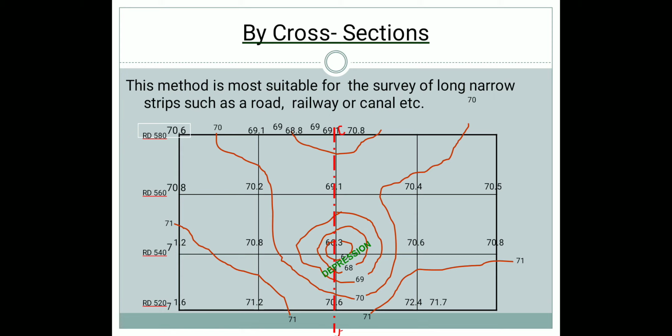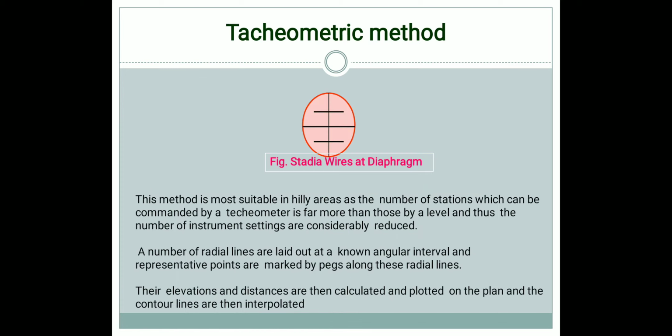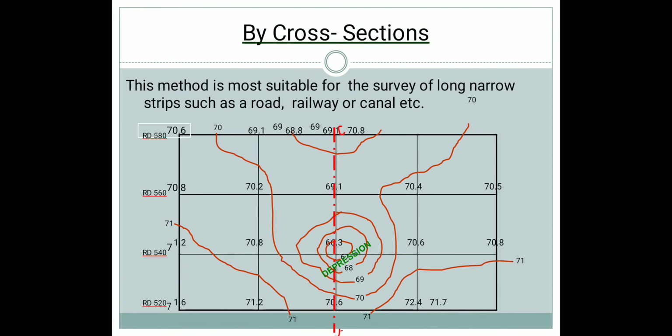They may be inclined at any angle to the center line if necessary. The spacing of the cross sections depends upon the topography and nature of the survey. The common value is 20 meters to 30 meters in hilly country and 100 meters in flat country. The levels of the points along the section lines are plotted in plan and contours are interpolated as shown in this figure. So this is how we do it by the method of cross sections.